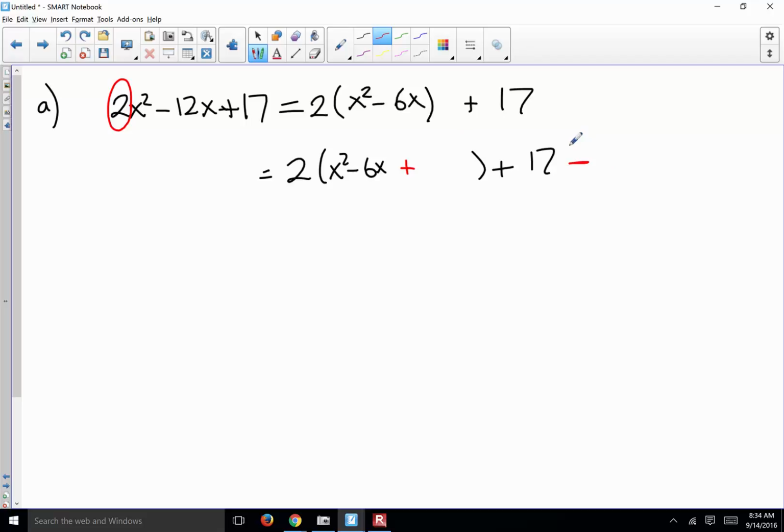You don't remember, do you? 9. Oh, perfect. You guys remember. How did you get that? You divide by 2 and then square. Yes, take half and square. Half of -6 is -3, and you square it, it's 9. But I need to compensate for this 9, and I subtract 9, right? So they can cancel off. No. You need to multiply by the 2 and subtract. So it's 18. Good.